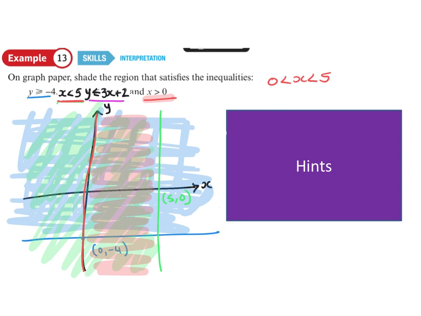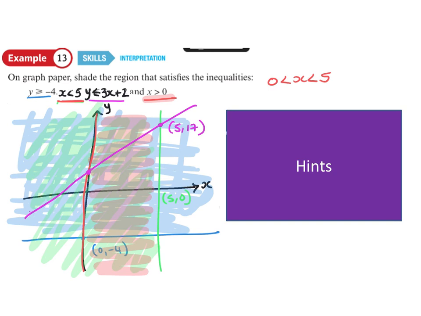So I know that's going to cross at 2 here. And for every one along, I'm going up 3. But I want to find if it will cross the line x equals 5. Okay, so if I put x equals 5 into here, 3 times 5 is 15, plus 2 is 17. So I know now this is going to be 5, 17.